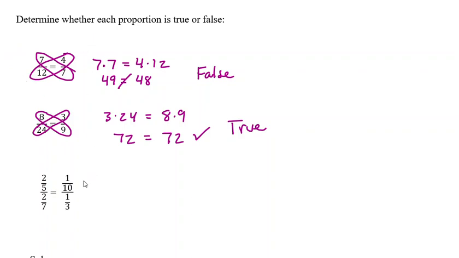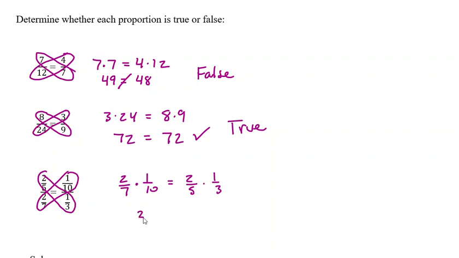Now let's do it again with the third one, and this time we have fractions in the numerators and the denominators. Can we multiply those together? Sure we can. This is 2/7 times 1/10 is equal to, or implies, 2/5 times 1/3. Okay, let's see if these are equal.